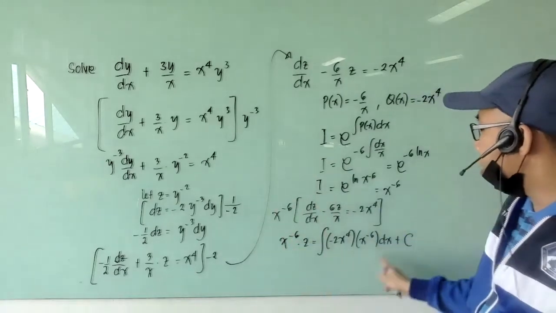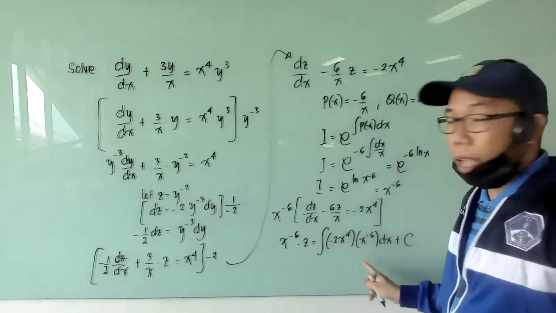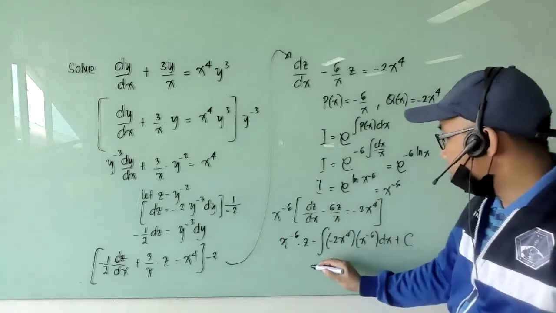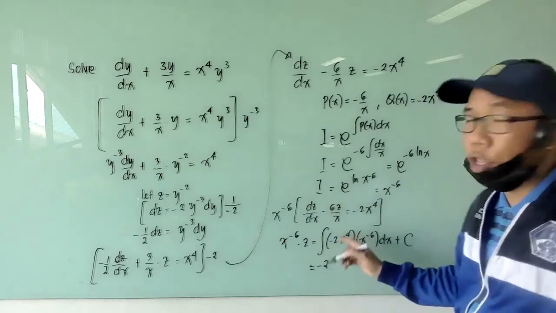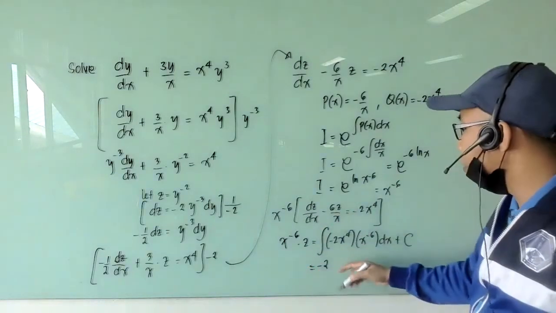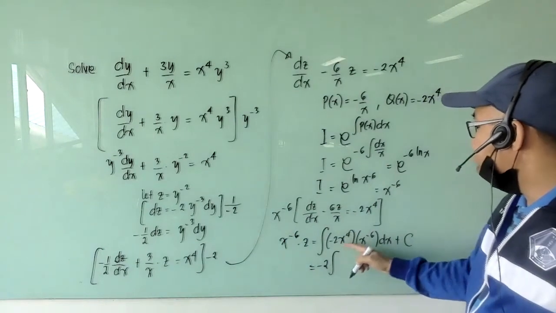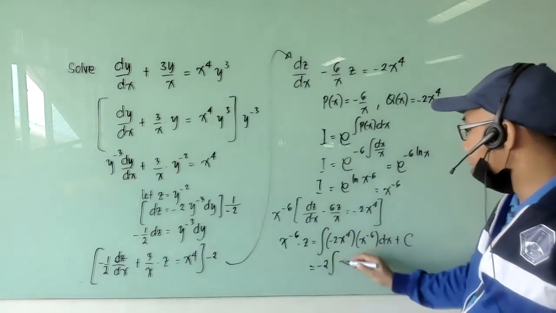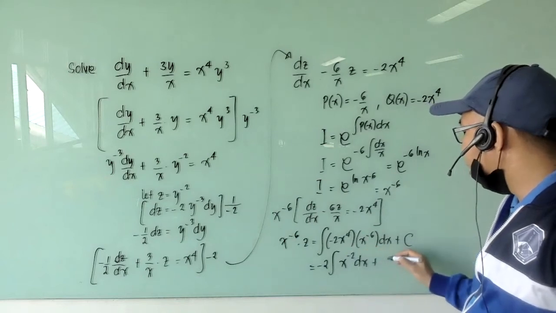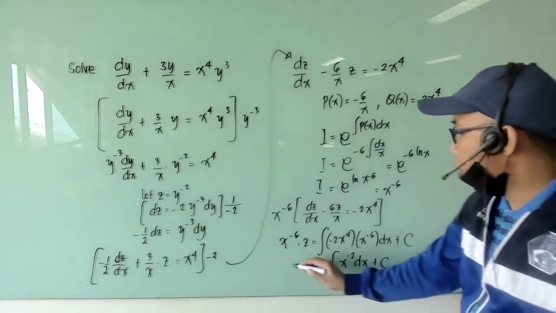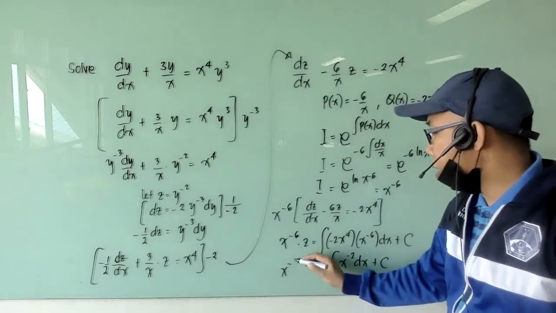Now, your concern is to integrate the right-hand side of the equation. So we simplify first. You put negative 2 before the integral symbol, and x raised to 4 times x raised to minus 6. This is x raised to minus 2 times dx plus c. Just copy the left-hand side of the equation.